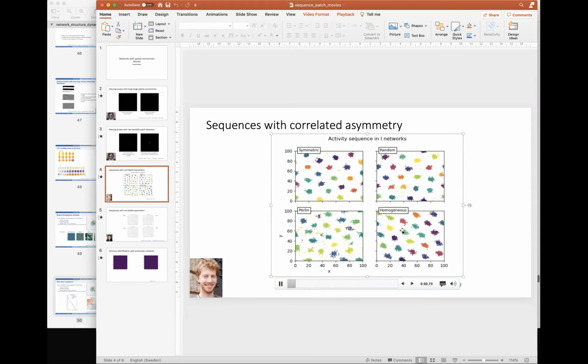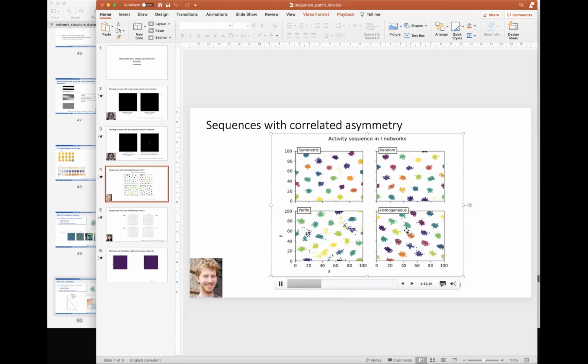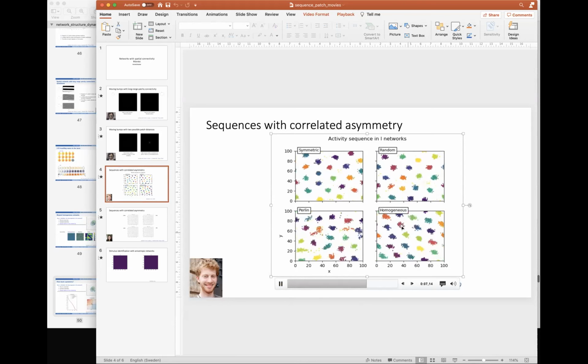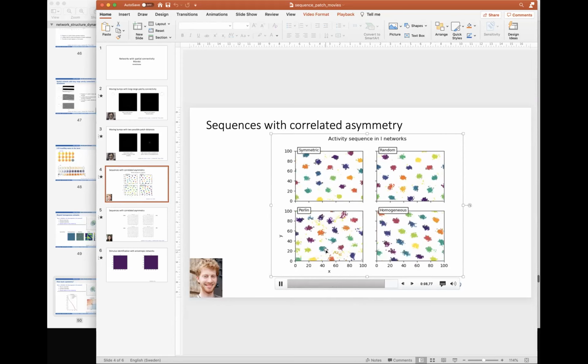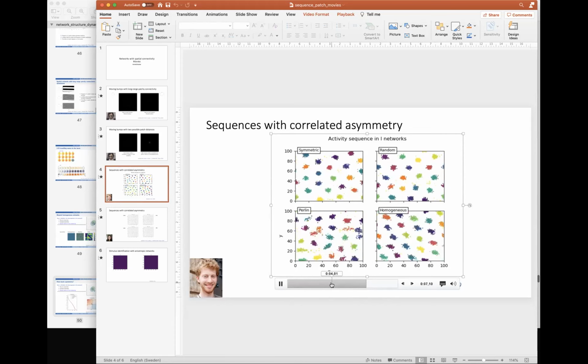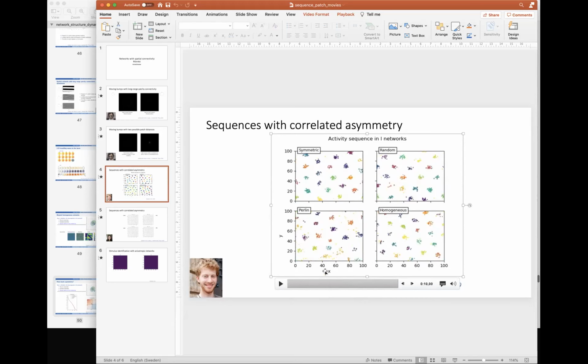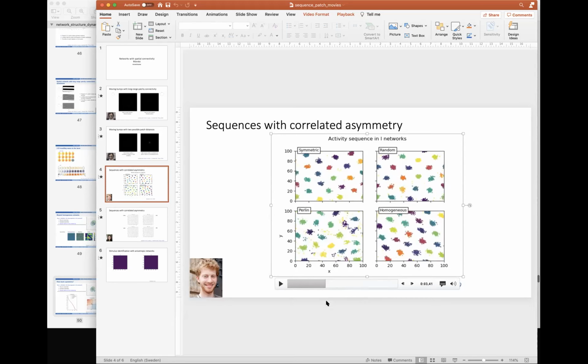However, if we now make all the neurons connect in a given direction, so that everybody is correlated in their preferred direction, you get these nice traveling waves. And an interesting scenario appears where neighboring neurons have similar preferred direction, and far away doesn't matter. There you get these multiple sequences that travel in different directions in different parts of the network.